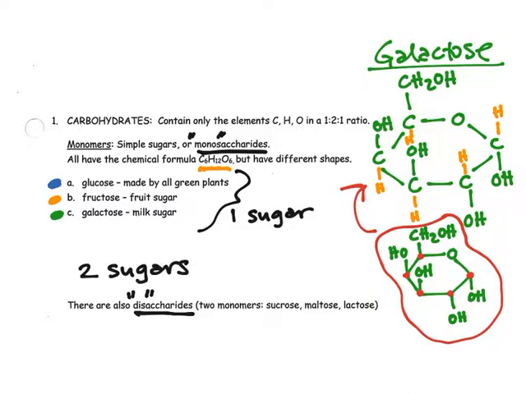And let's show some examples. Sucrose is made up of glucose and fructose bonded together. Maltose is made up of two glucose monomers bonded together.